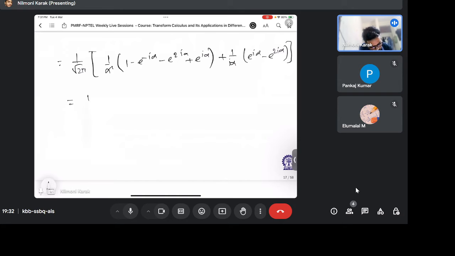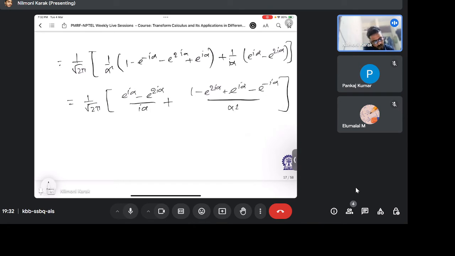Well, actually, this is the final answer also. You don't need to simplify further. So (e to the power i alpha minus e to the power 2i alpha) divided by i alpha, plus 1 minus e to the power 2i alpha plus e to the power i alpha minus e to the power minus i alpha, divided by alpha square.